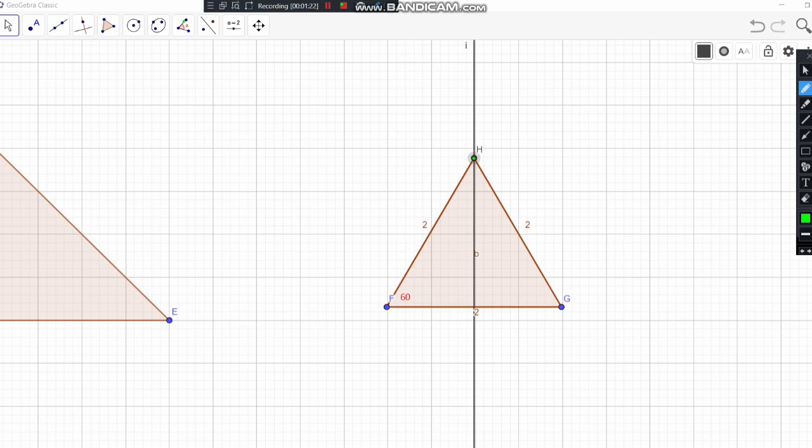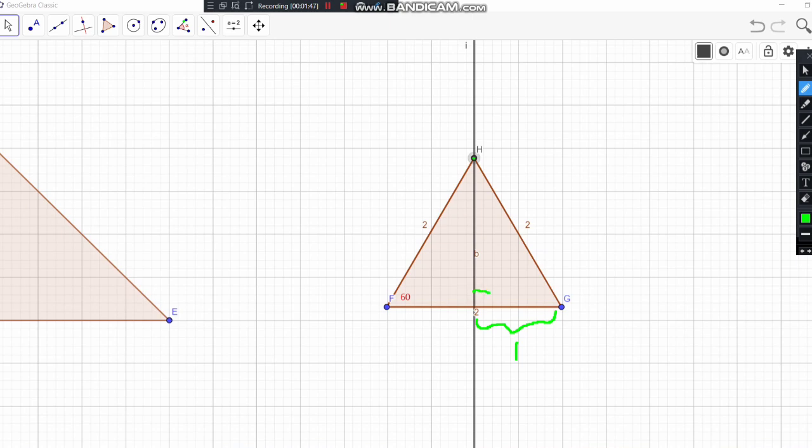If this line bisects that line, what about this length? That is half of 2 cm, which is equal to 1 cm. And what about this side? This is equal to 2 cm. And we know that this line is perpendicular to the base.